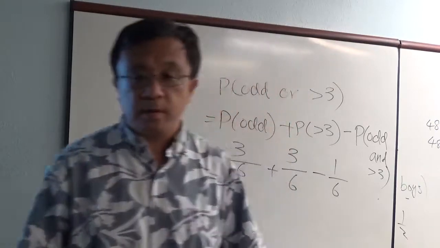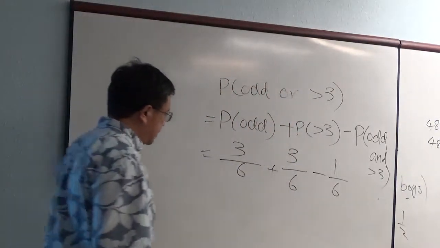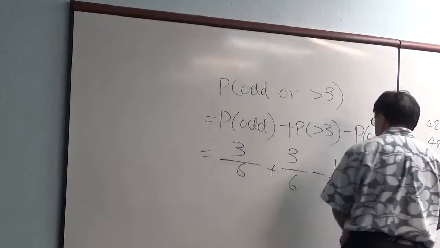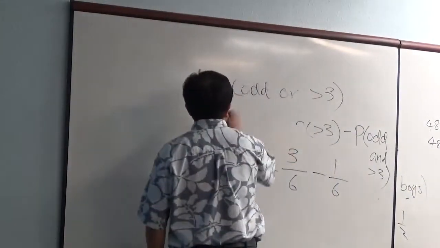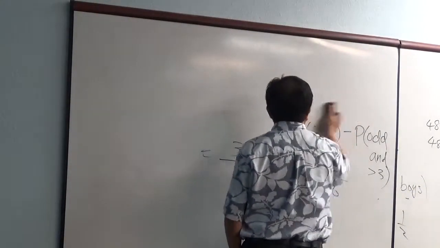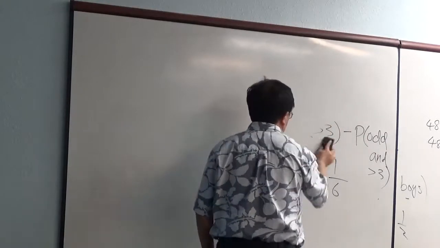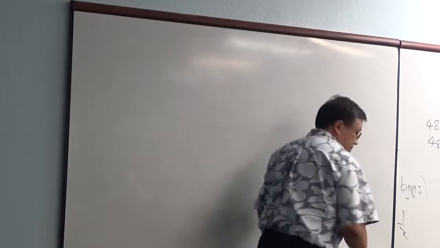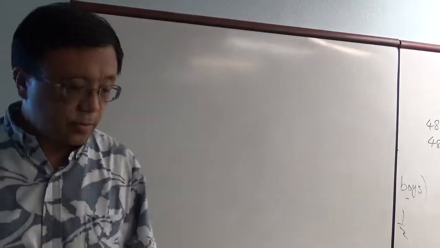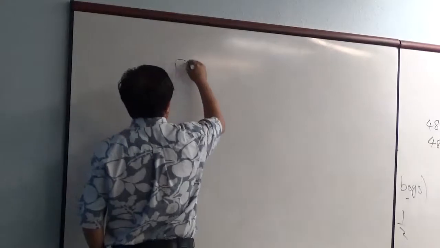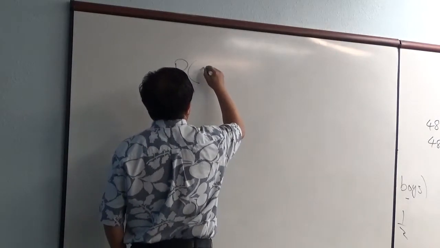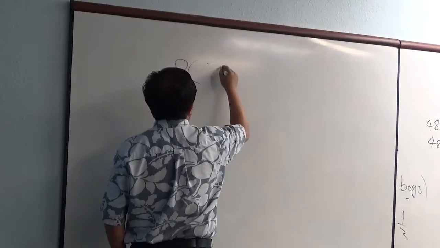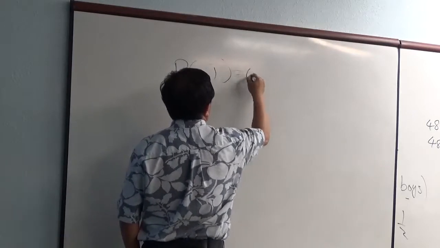And I have maybe one or two more examples. If I tell you the probability for you to go to Japan is 80%, the probability of Japan is 0.8.